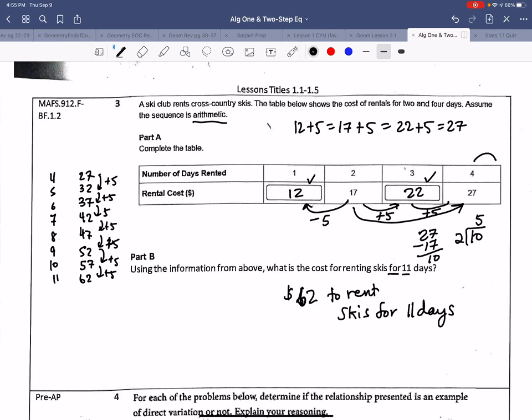So they're just adding 5 to each day. Now, could I figure out a formula for that?